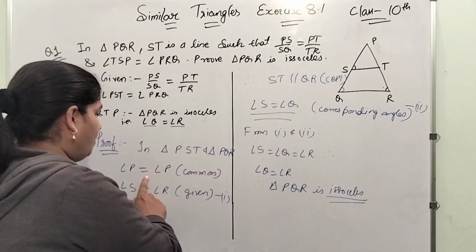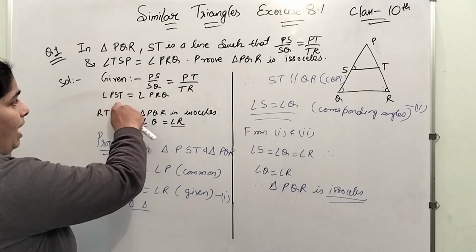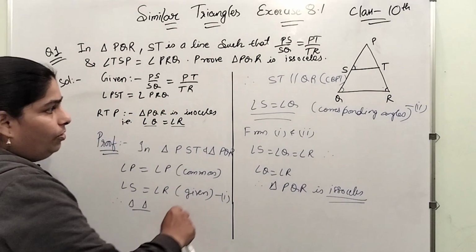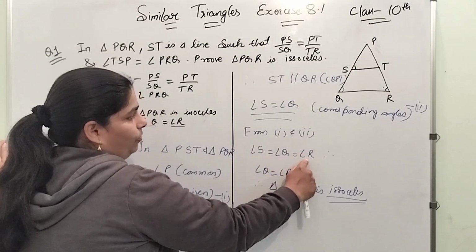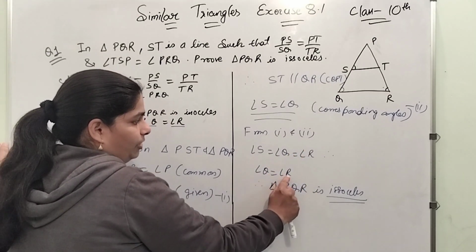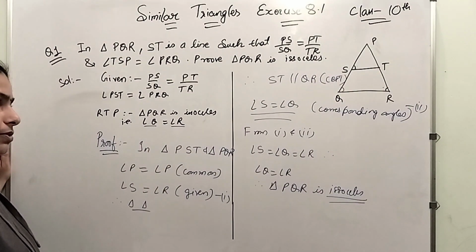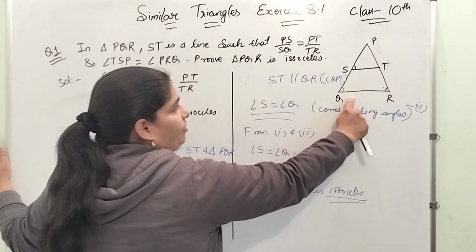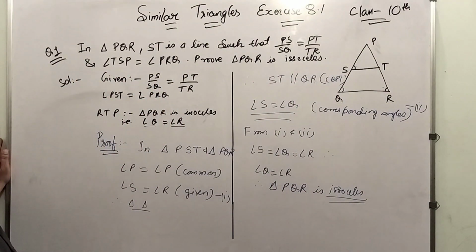Angle S is already equal to angle R. Why? It is given in the question: angle PST is equal to angle PRQ. Now from 1 and 2, angle S is equal to angle Q is equal to angle R. Therefore, angle Q is equal to angle R, and the triangle has become isosceles because two of the opposite angles are equal. Okay, now we will move on to the second question.